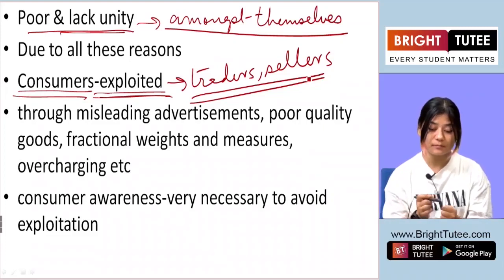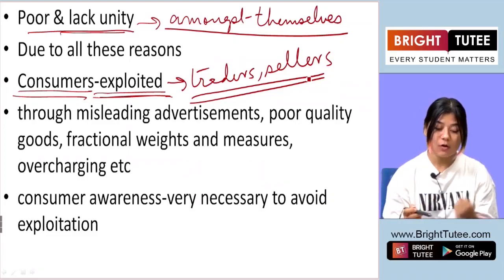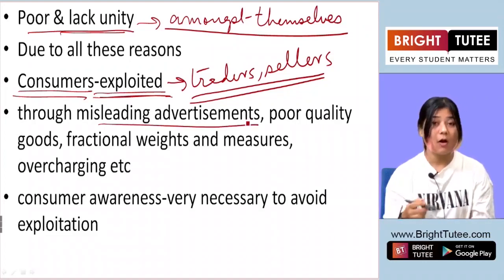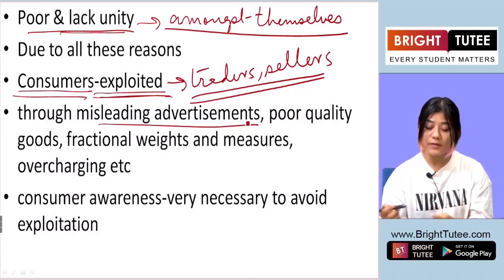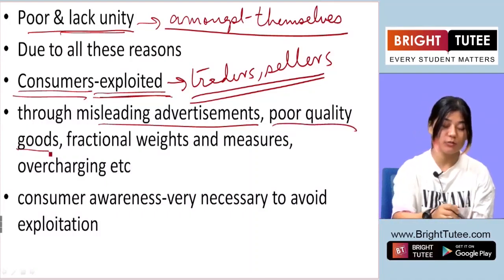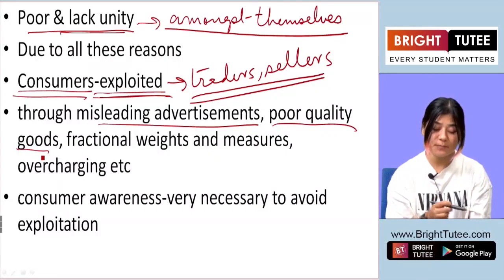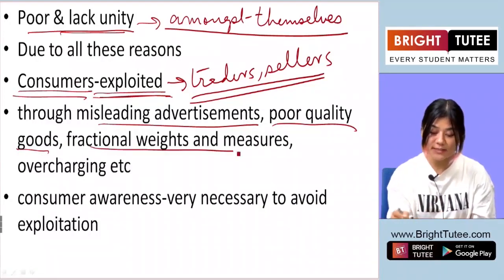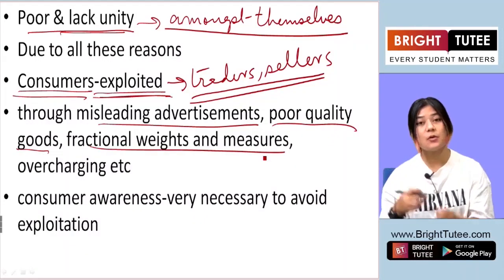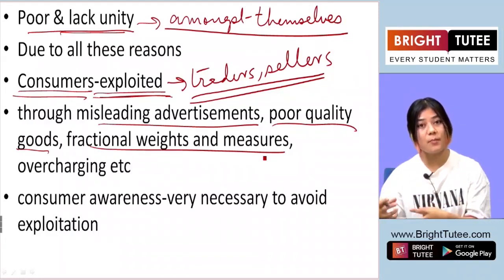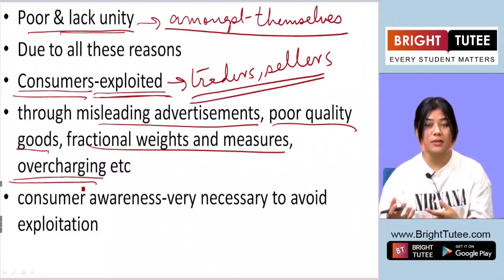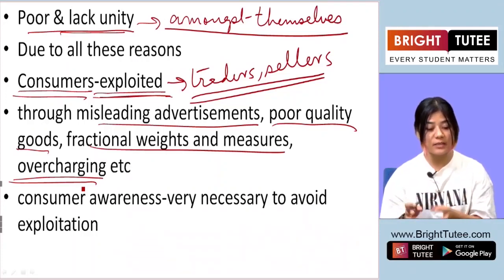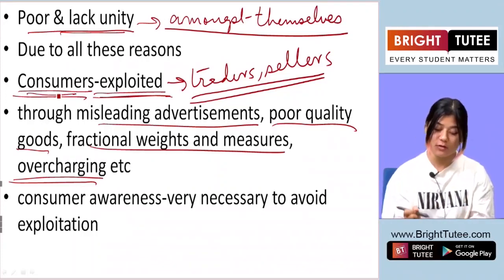And the consumers are often misled into buying certain products. They are often given poor quality goods and services. There are fractional weights and measures, meaning the weights and measures are not proper or accurate, and they are also overcharged for the products they consume, for the services they avail. So these are the ways in which the consumers are exploited, okay.